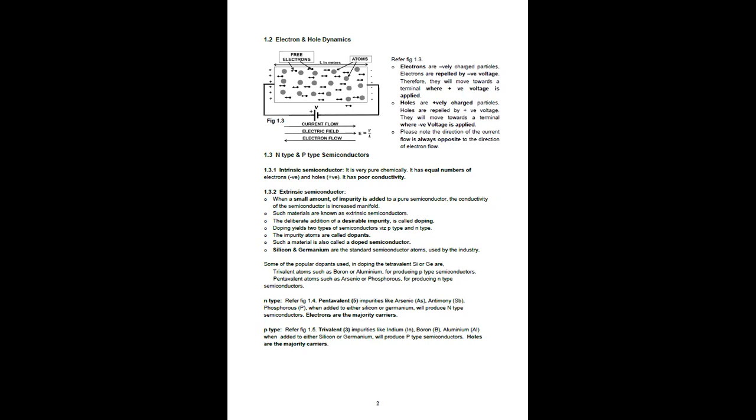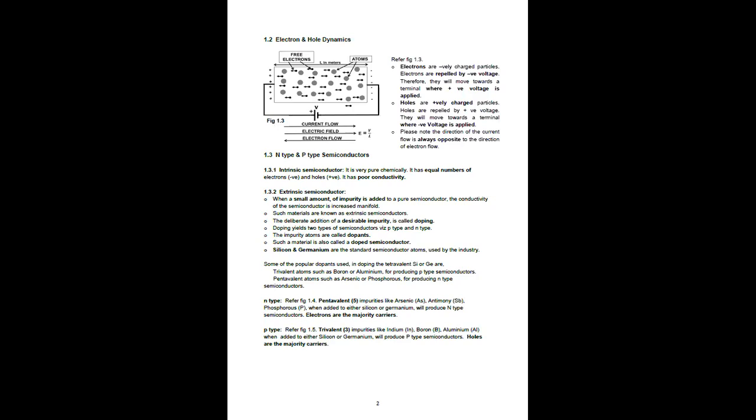Extrinsic semiconductors are those in which a small amount of impurity is added to the pure semiconductor. The conductivity of the semiconductor is increased this way. Such materials are known as extrinsic semiconductors.